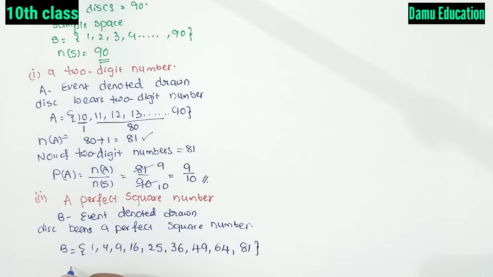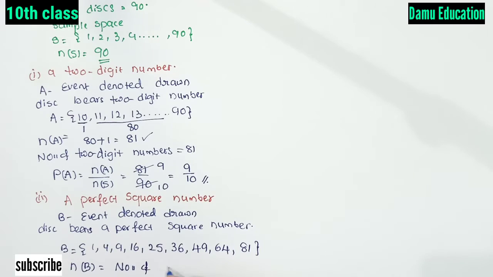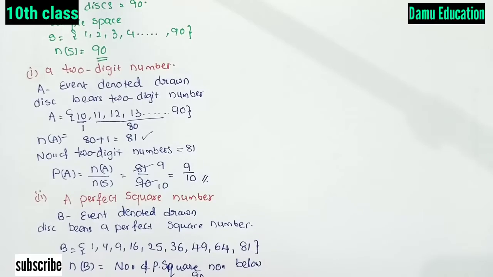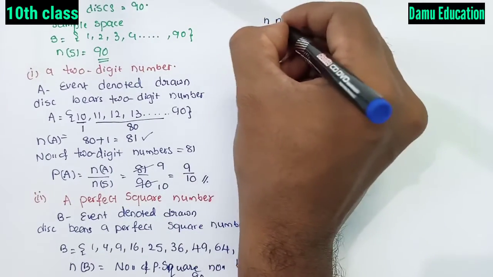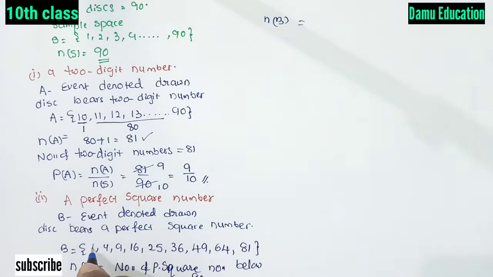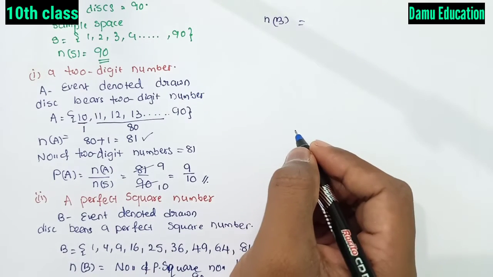Then n of B is the number of perfect square numbers up to 90, because only up to 90 is there. So n of B will be equal to, 1 2 3 4 5 6 7 8 9, so 9 numbers are there.